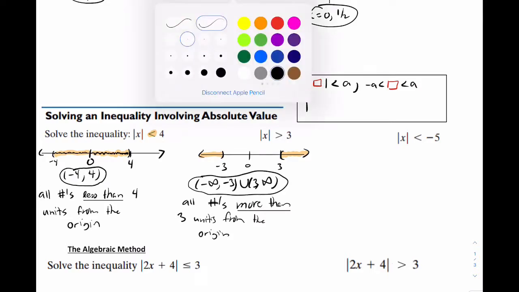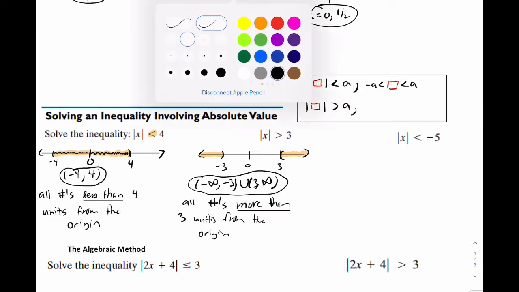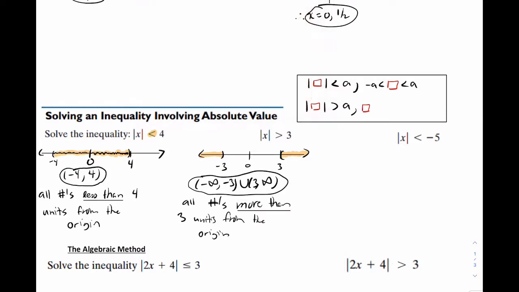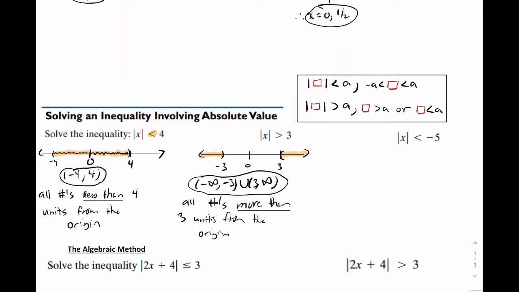If we have absolute value of some box is greater than A, our conclusion is going to be the box is greater than A, or the box is less than -A. So if you look at this, the sign right here really matters.